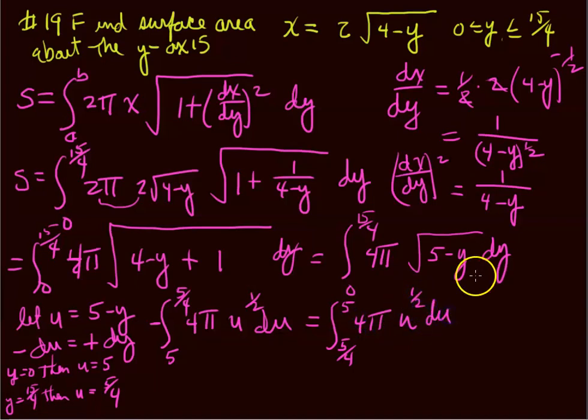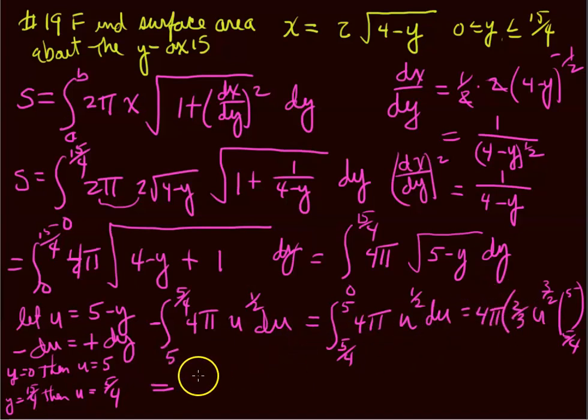Okay. So let's see here. We have 4 pi. I'm not sure I can fit all this in, but we'll see. We have the 4 pi. The antiderivative of u to the 1/2 is, once again, 2/3 u to the 3/2 from 5/4 to 5. So we're going to pull this 2/3 out. This is going to be 8/3 pi, or 8 pi over 3.